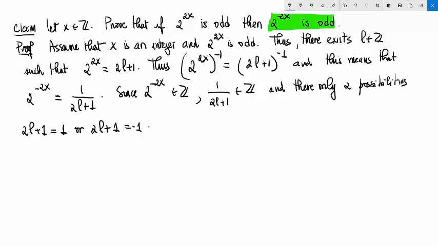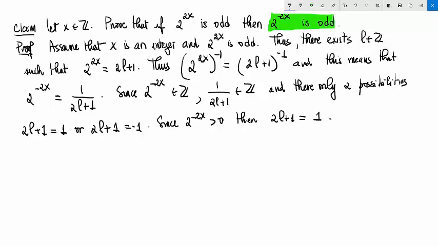But since 2 power negative 2x must be positive, right, then 2L plus 1 has to be equal to 1.